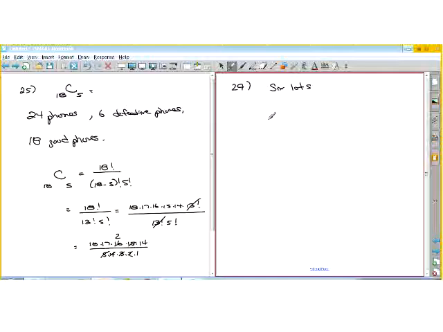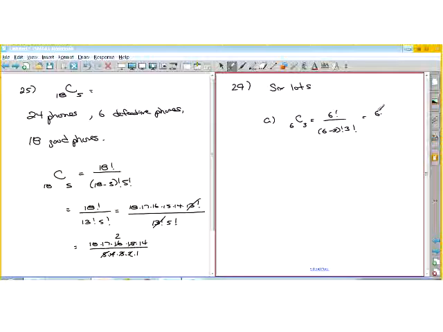So part A was you have 6 houses and therefore 6 lots. And 3 of those lots you want to have one type and 3 the other. So the first part of the problem is there's 6 things taken 3 at a time. And so that is 6 factorial divided by 6 minus 3 factorial times 3 factorial.